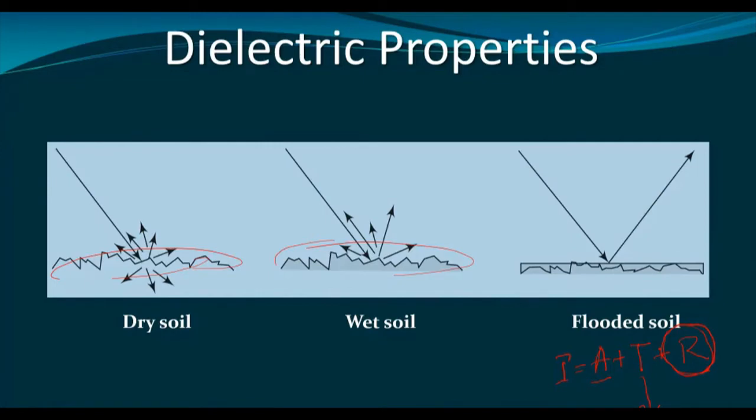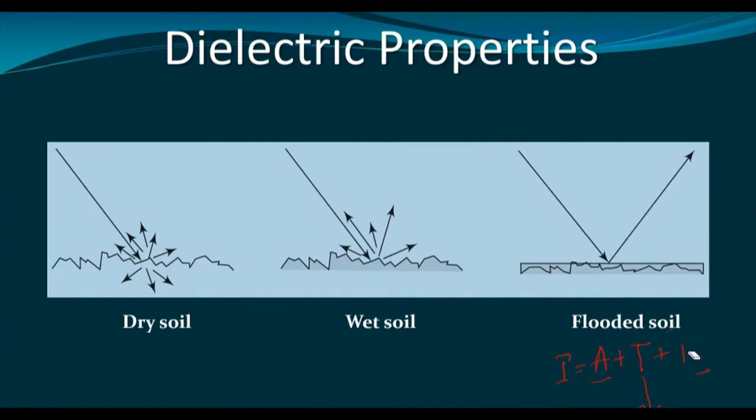If the soil is dry, it will have moderate brightness, and in case of flooded soil, it will appear very dark. So, this is actually just opposite to optical remote sensing.